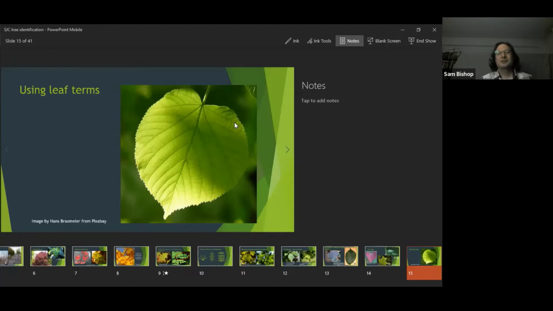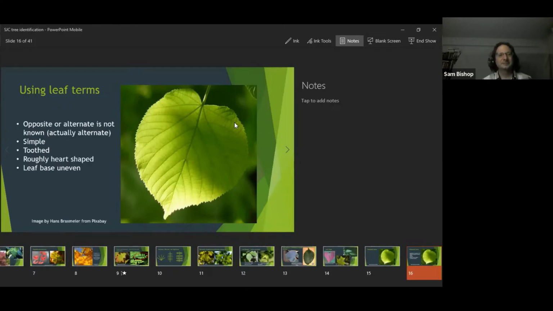What about the margins? Entire, toothed, lobed? Toothed, excellent, yes. And then looking at the base of the leaf, it's not very obvious here, but it's a little bit uneven. And this is a linden leaf. So simple, roughly heart-shaped, mostly, and then an uneven leaf base. And I should add widest in the middle, too.